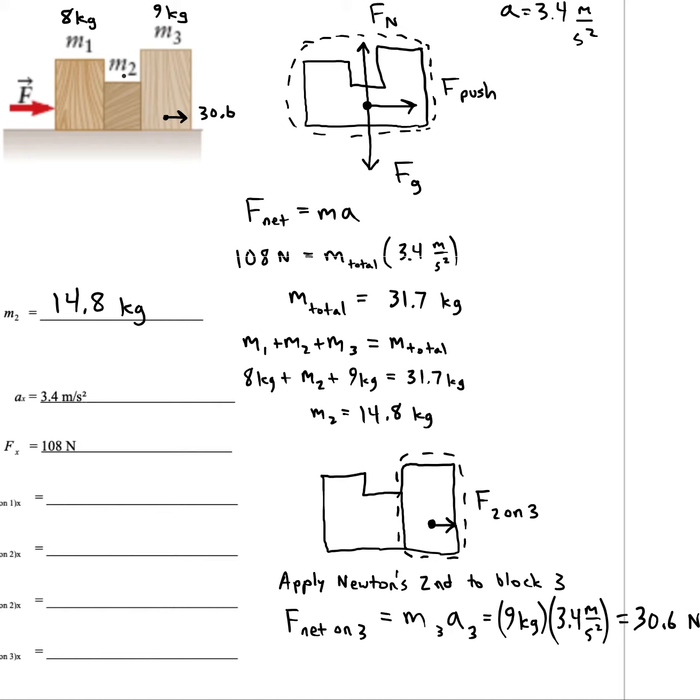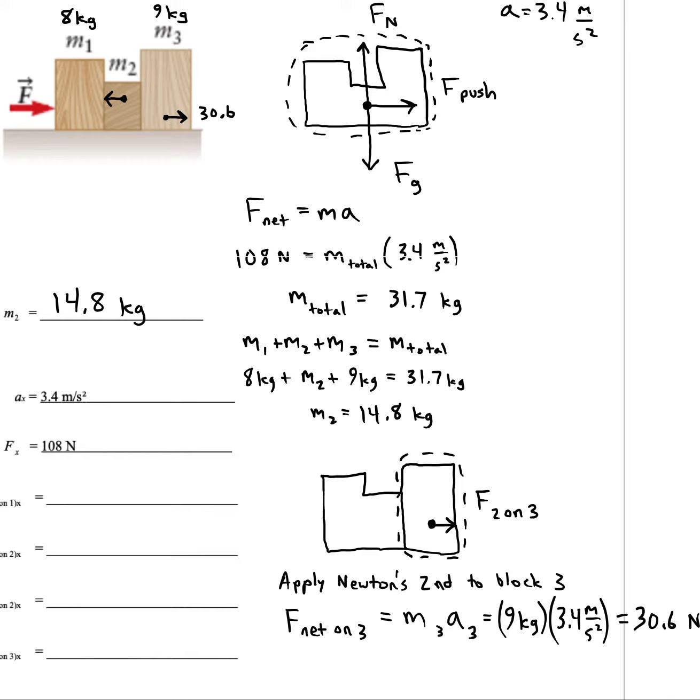And so the thing that's in contact with block 3 is block 2. And so if I do a free body diagram for block 2, maybe I'll do it up here, I'll find that block 2 feels what's called a reaction force in an opposite direction but with the same magnitude.